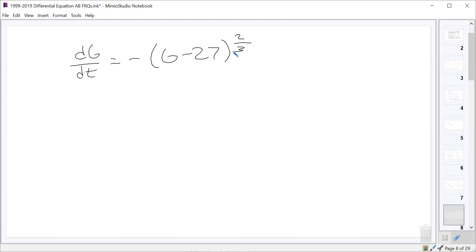Okay. So we end up with dg over g minus 27 to the 2/3 equals negative 1 dt, or just negative dt, same thing. And now we will try to integrate both sides. The right-hand side should be very easy.